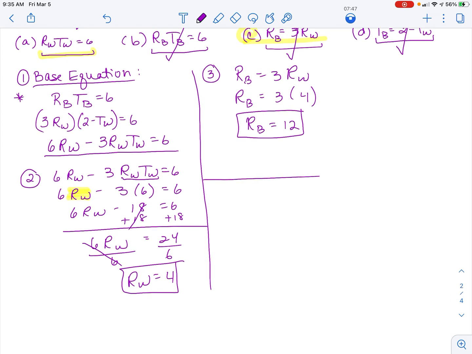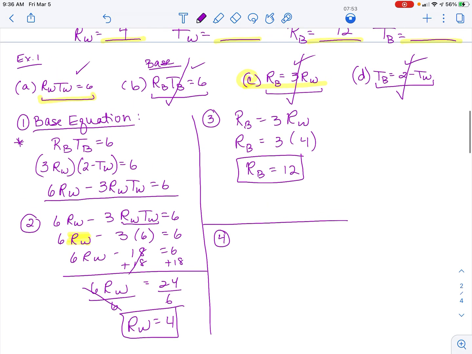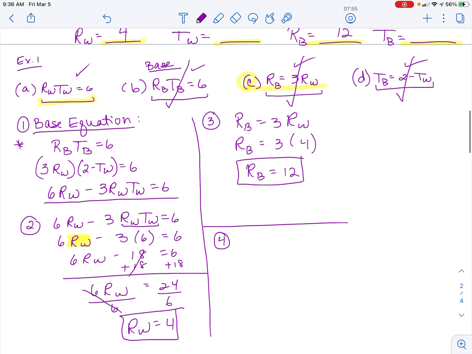Now let's keep moving. I'm going to put another line here. What's the fourth thing we need to do here? Well, we have RW and we have RB. Now we need TW and TB. So let's look and see, can we get TW? TW, we could probably go over here and use A, couldn't we? We could take RW times TW equals 6.